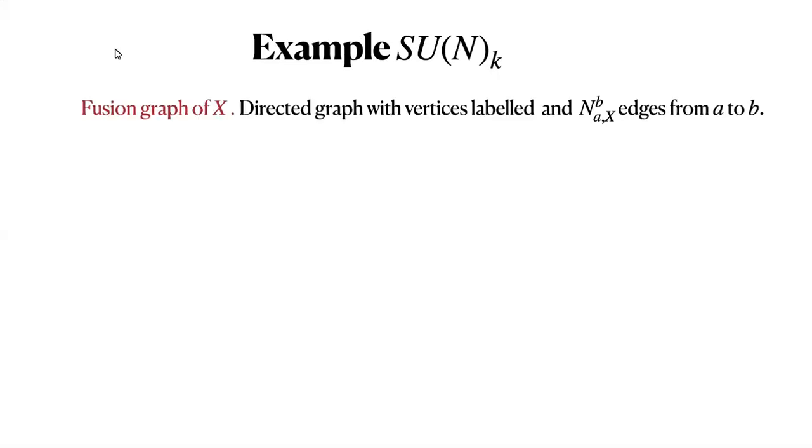Well, but even if you have the labels, one thing that is not straightforward at all is to say what exactly are the fusion rules. Something that is easier is to say what is the fusion graph of the fundamental representation.